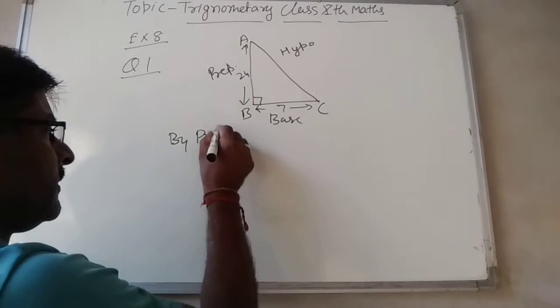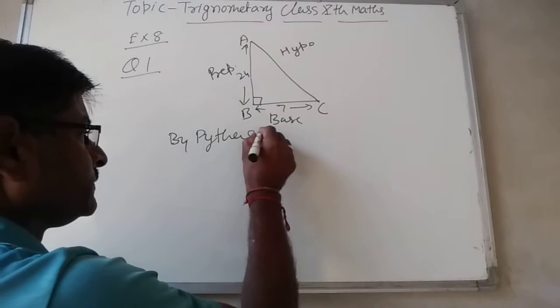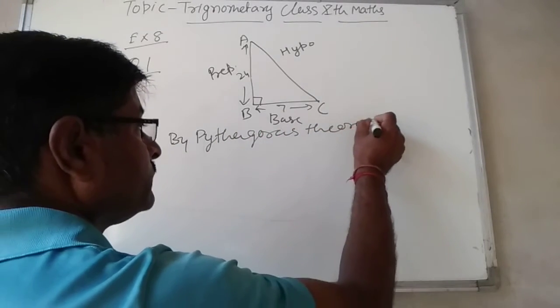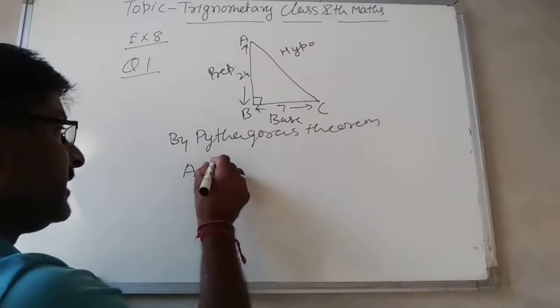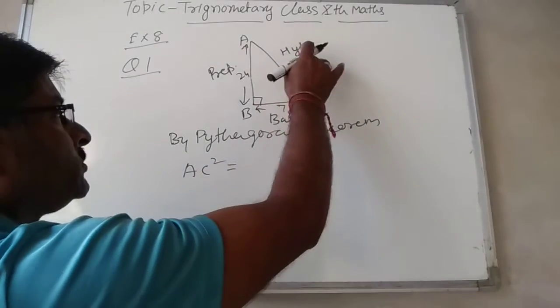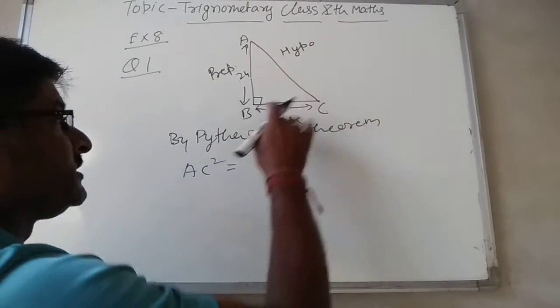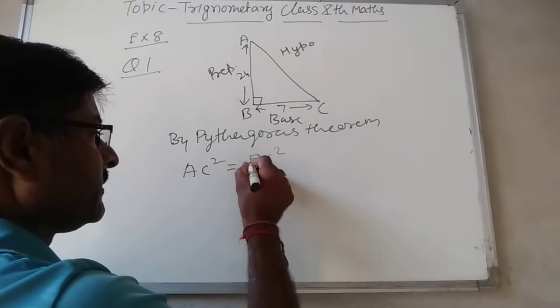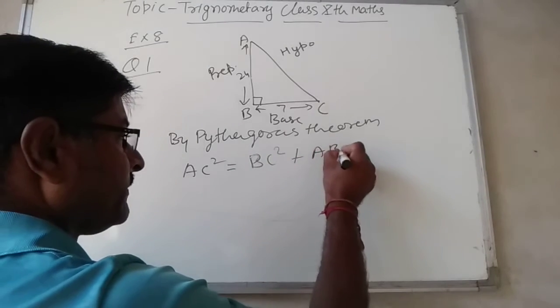By Pythagoras theorem, AC square is equal to, you know, hypo square is equal to perpendicular square plus base square. So AC square is equal to BC square plus AB square.